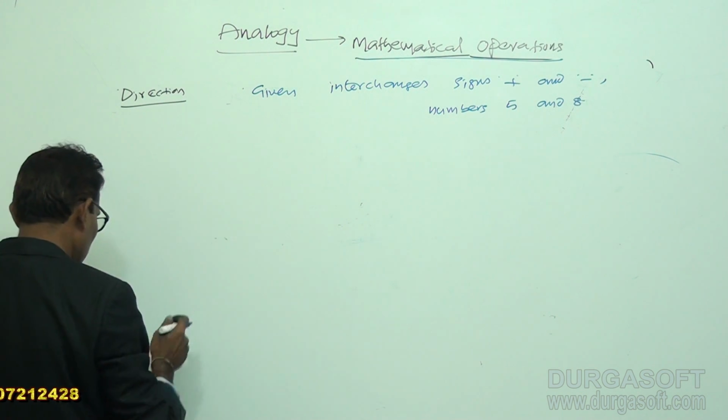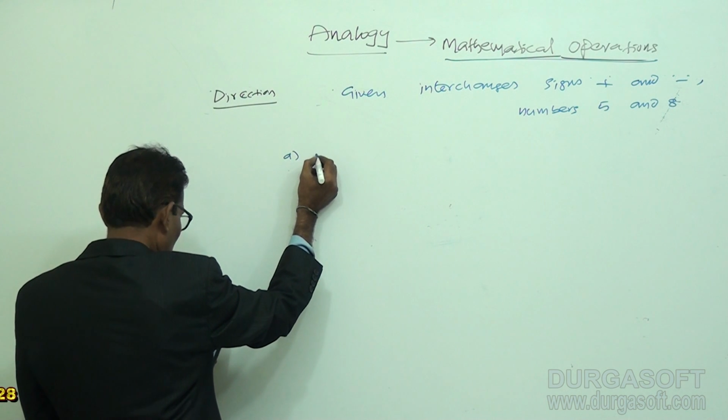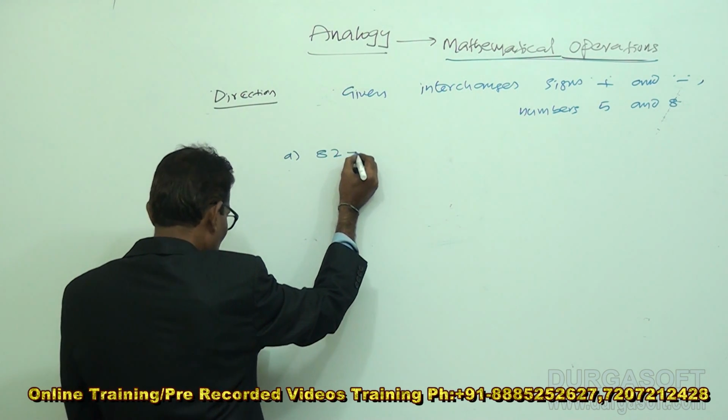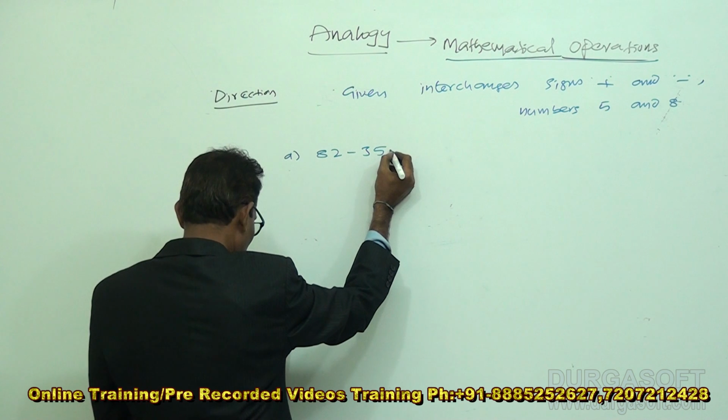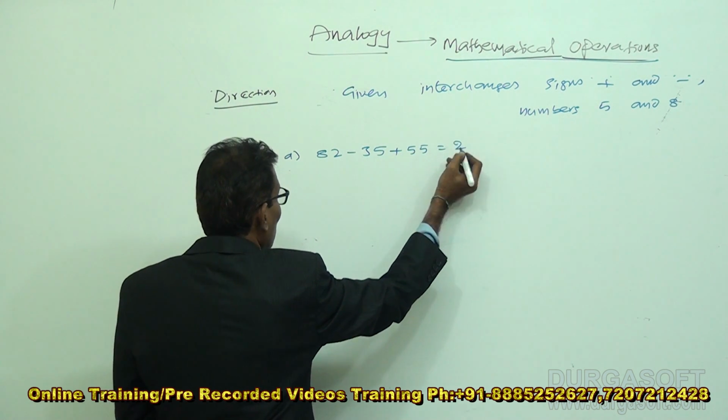Your options are: A, 82 minus 35 plus 55 is equal to 2.